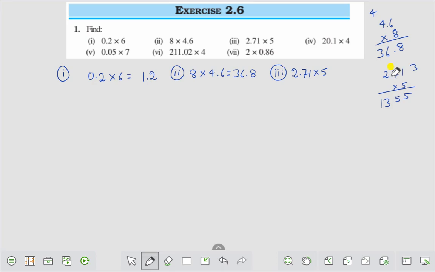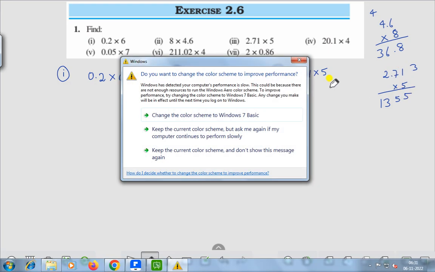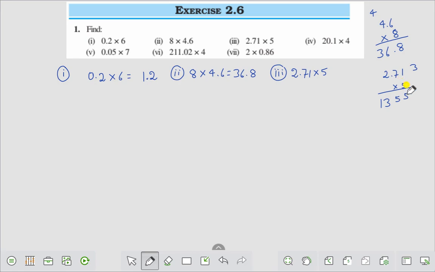Here you see the point is after 2 digits. Therefore, you have to give the point after 2 digits. The answer will be 13.55.